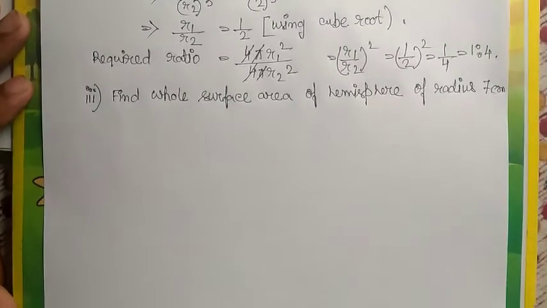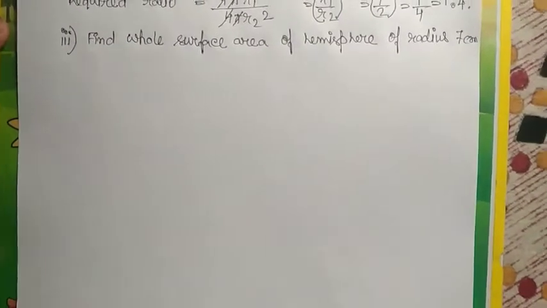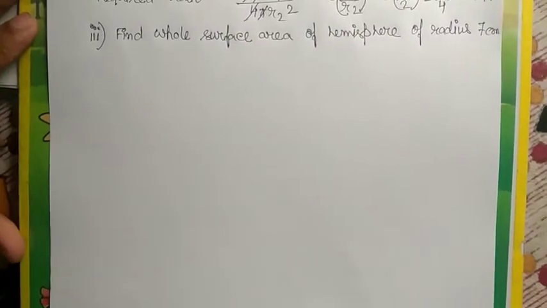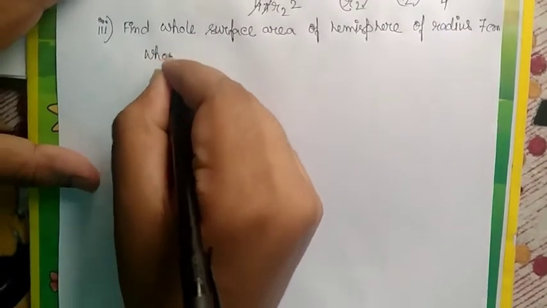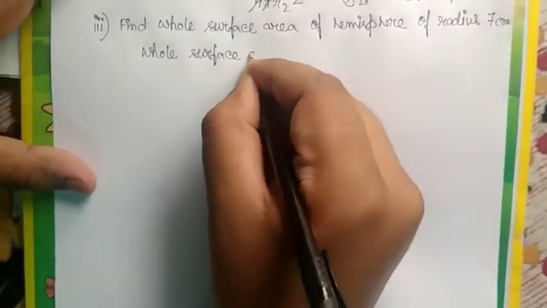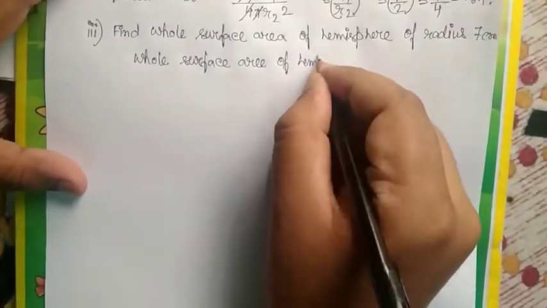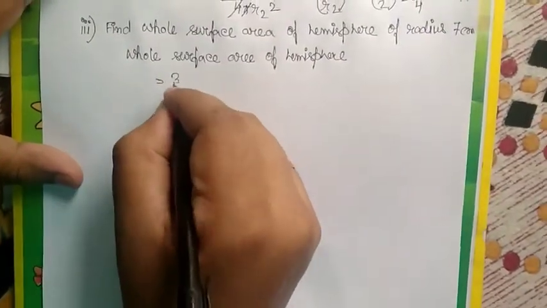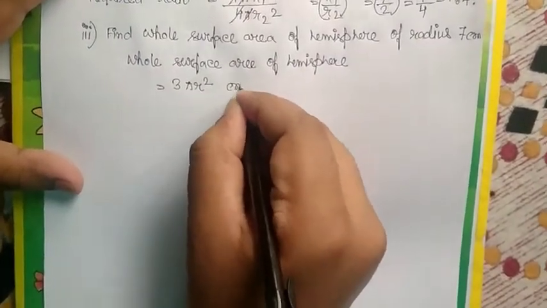This is sum number 15, part 3. The whole surface area of a solid hemisphere with a radius of 7 cm is. So we have to find the whole surface area of the hemisphere. The formula for the whole surface area of a hemisphere is 3 pi r square centimeter square.